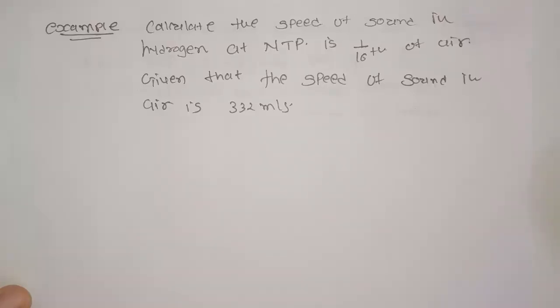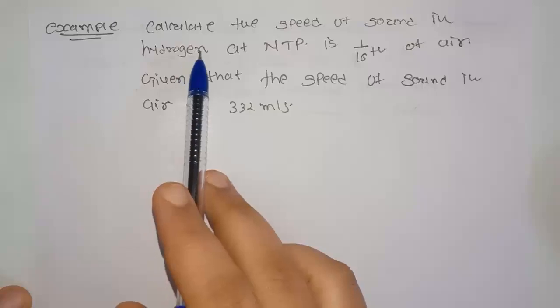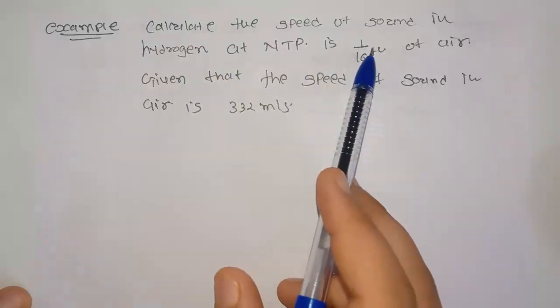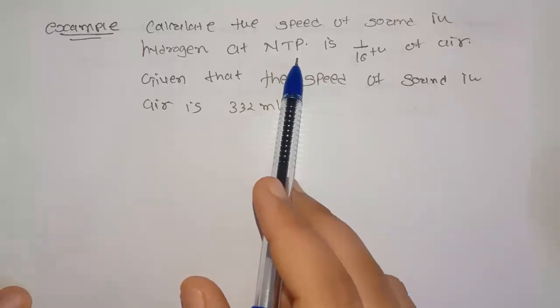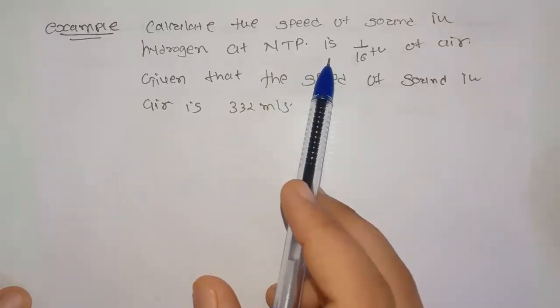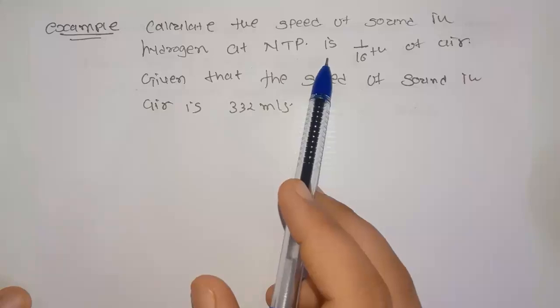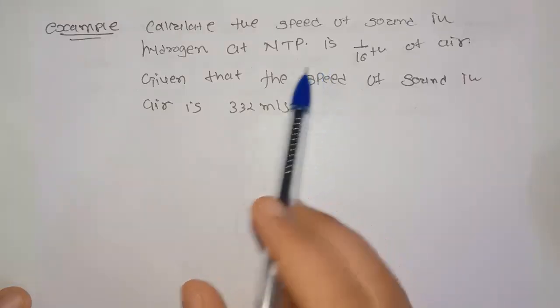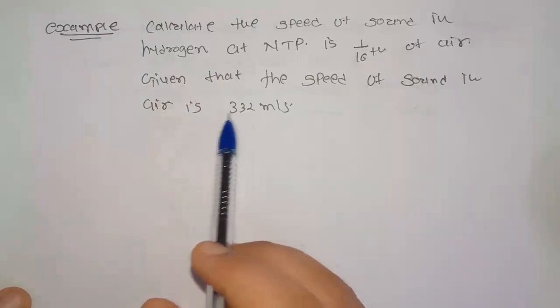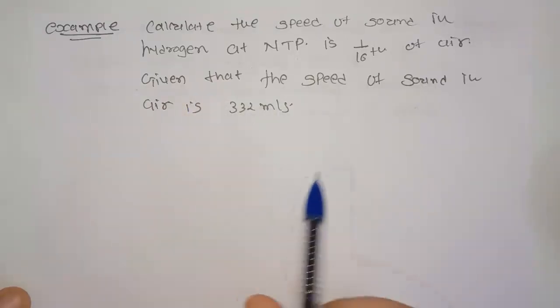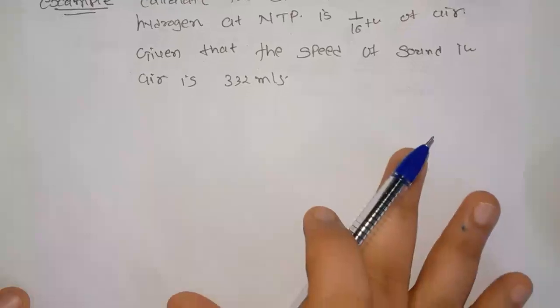Let us see an example based on that. Calculate the speed of sound in hydrogen at NTP if the density of hydrogen at NTP is 1/16 of air. Given the speed of sound in air is 332 meter per second.